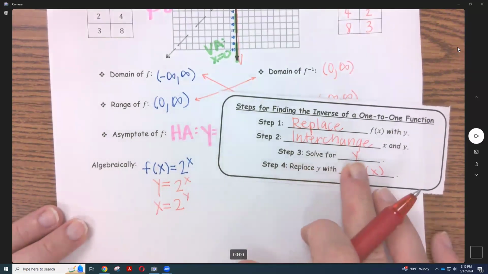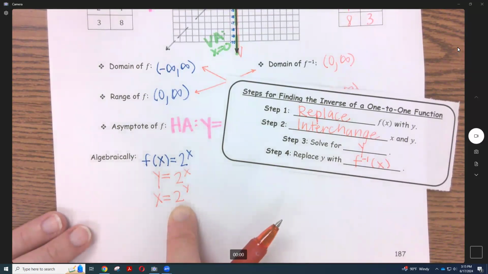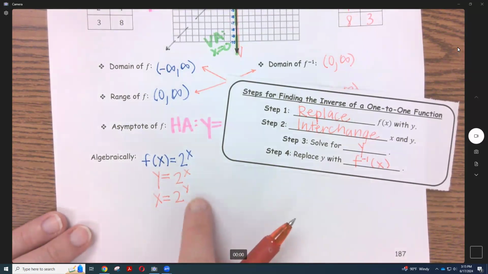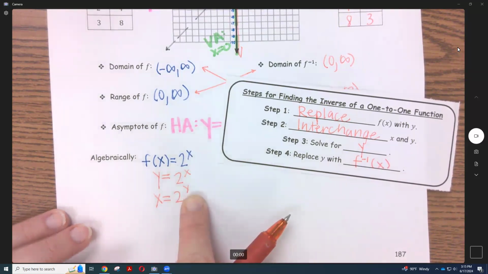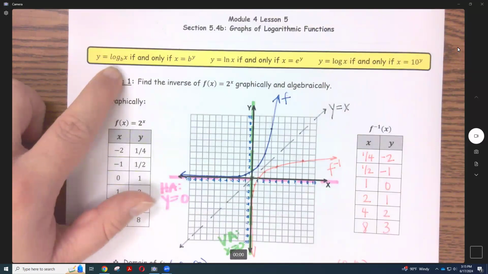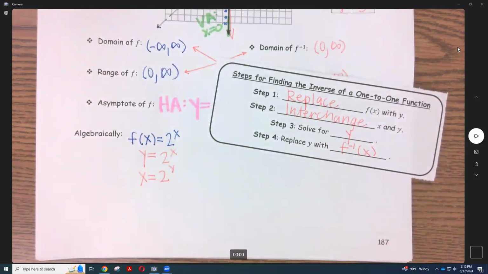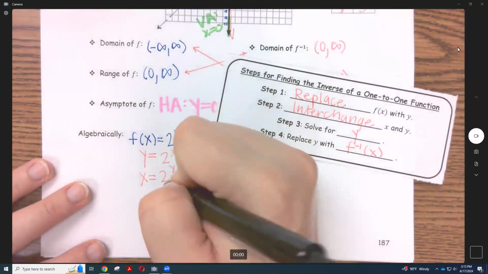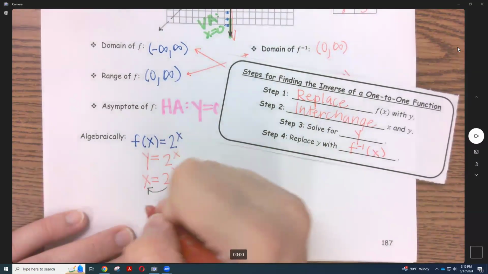Step 3 is to solve for y. We went over last lesson, maybe 2 ago, that we cannot solve for a variable when it is in the exponent position. What we have to do is rewrite it. So I'm going to take my exponential and rewrite it into an equivalent log. So to do this, we go base to the other side of the equals.